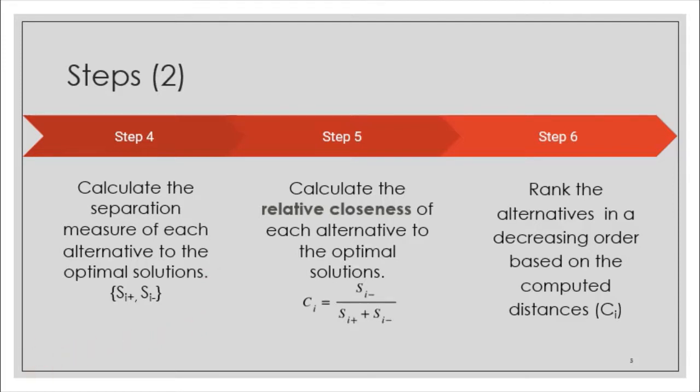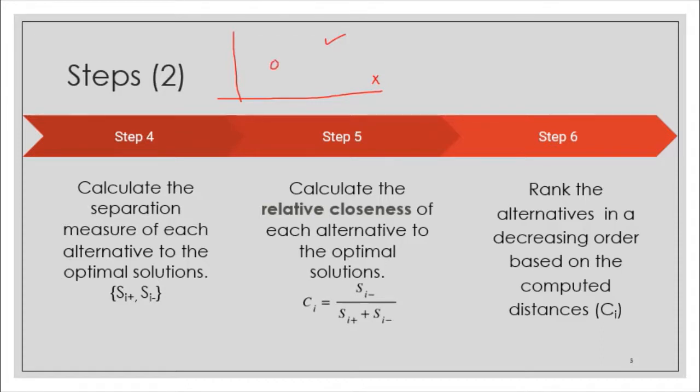Let's take an example where we have an ideal best solution at this position, an ideal worst solution at that position, and we have an alternative.